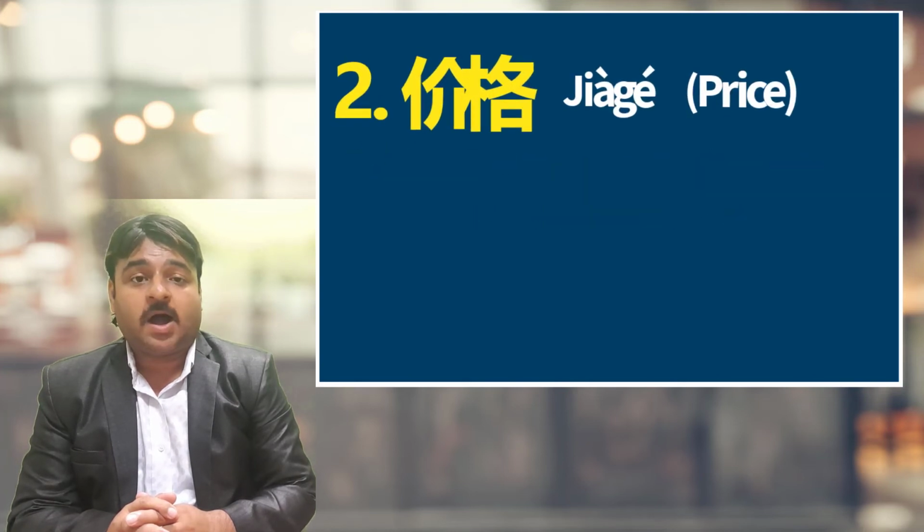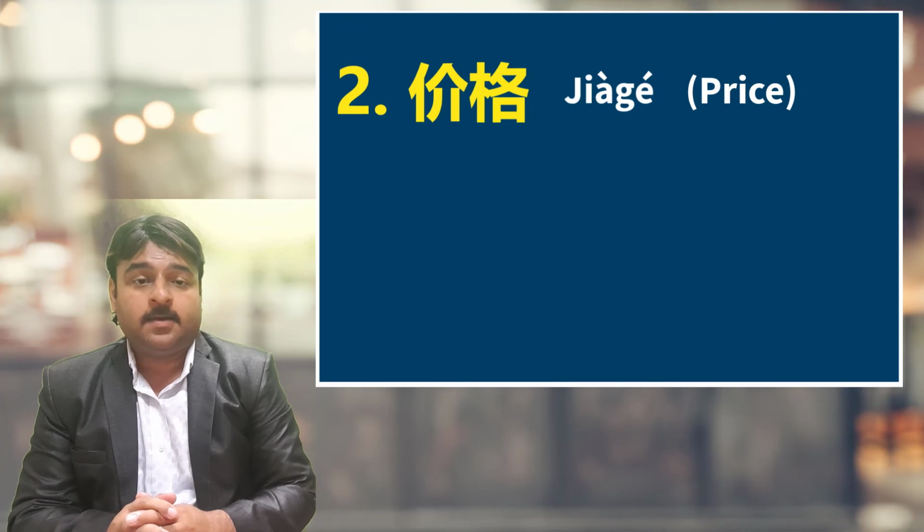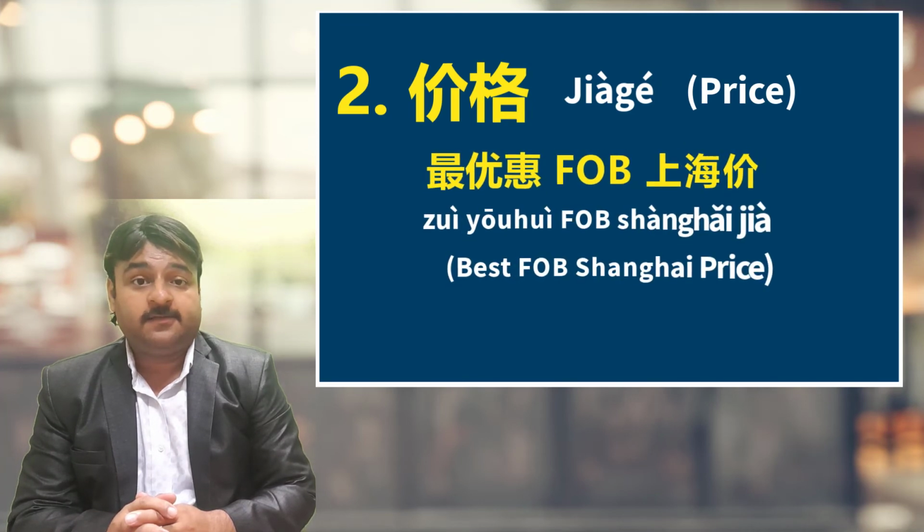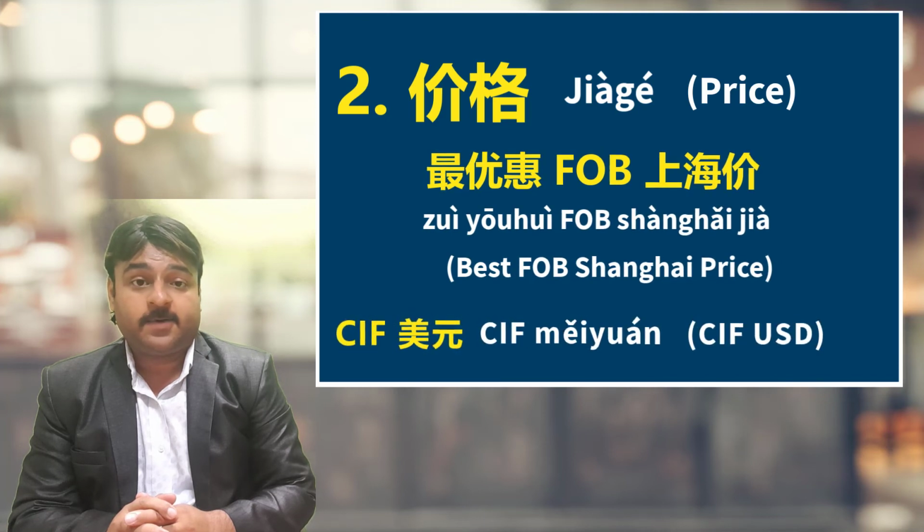Second is price. So the price we are looking for, whether we are looking for FOB price, free on board price, or CIF pricing. The difference between FOB and CIF pricing is that in FOB pricing the buyer pays for shipping, and in CIF pricing the seller pays for shipping and delivery.